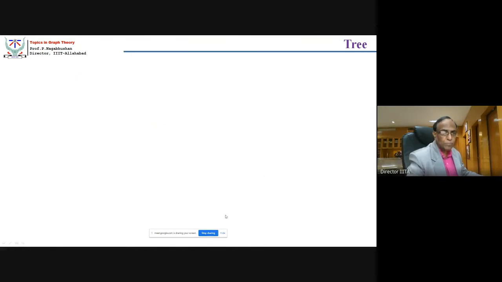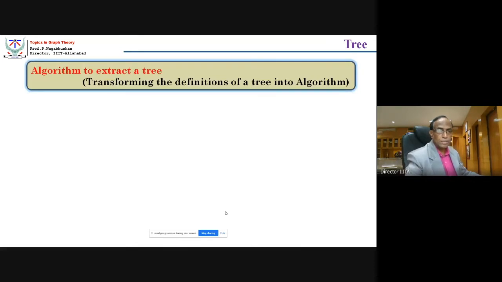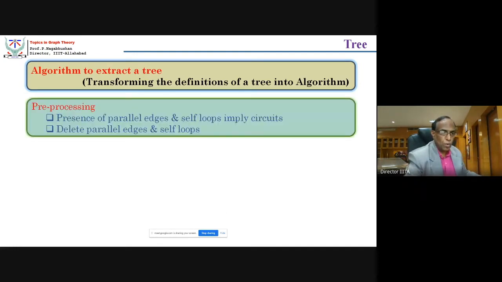All right. Now, let us extract the algorithms. Let us formulate the algorithms to extract a tree. These are all transforming the definitions of a tree into algorithms. Listen to them carefully. Because it is a tree, you know that a tree is a minimally connected graph.